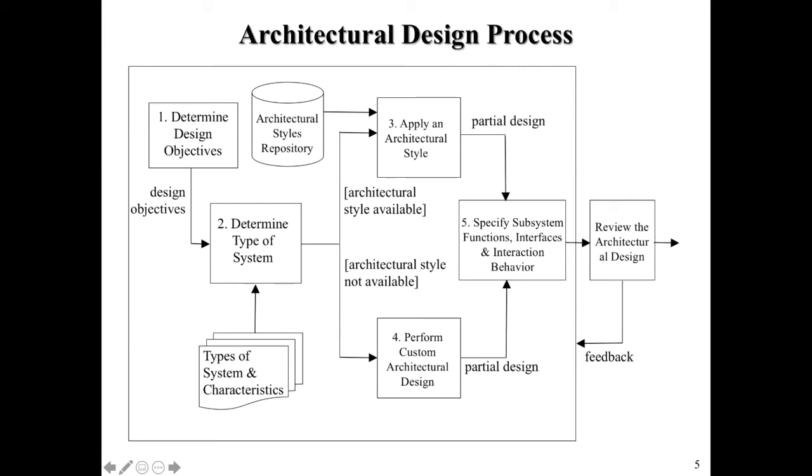From the existing styles, you can apply any one of the architectural designs depending upon the type of the system you are making. After you apply any of the existing ready-made architecture, there is a necessary need to do some customization. So let's see number 4.